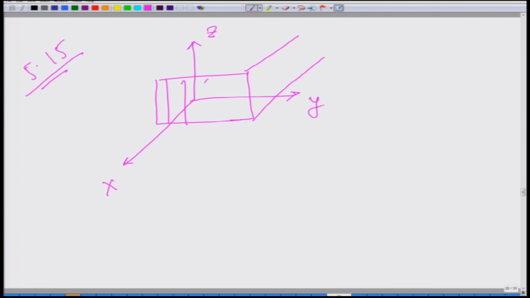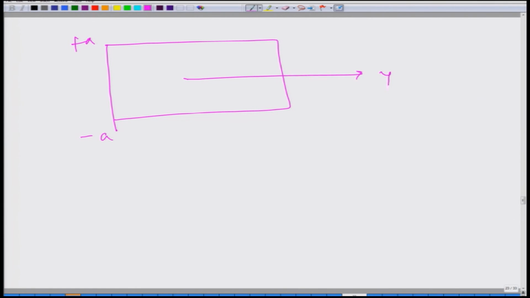So, this is plus a, this is minus a. Please recall from example 5.8 in Griffiths' book, we have learned how to find the magnetic field outside and inside an infinite slab.